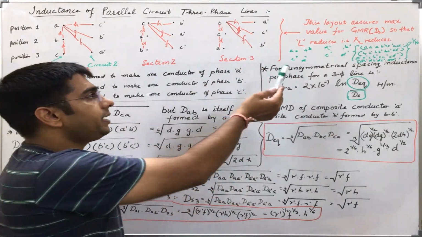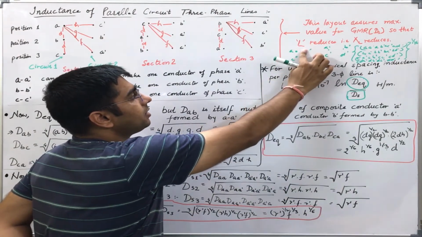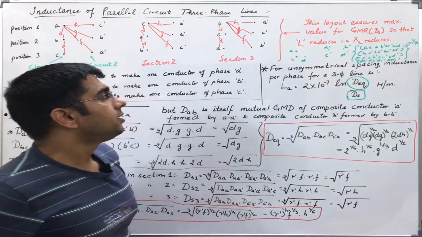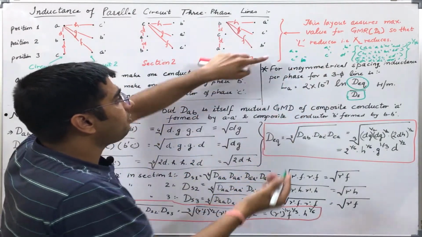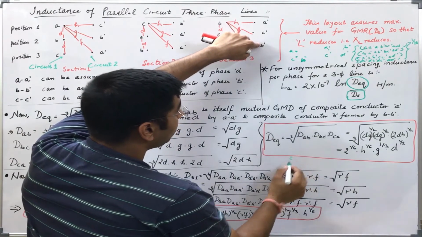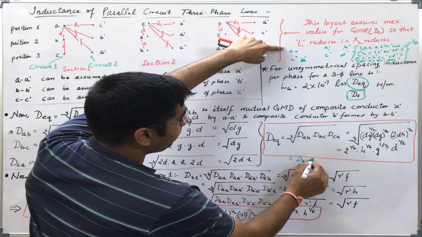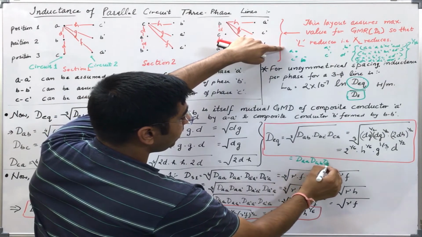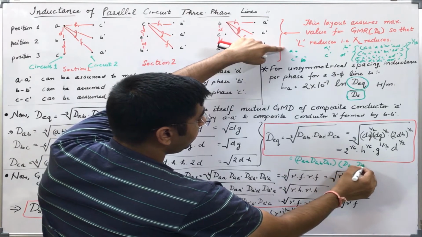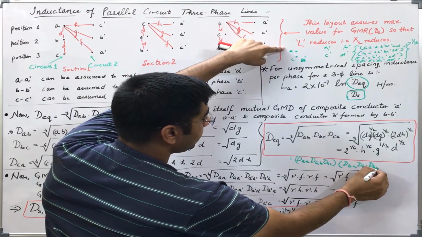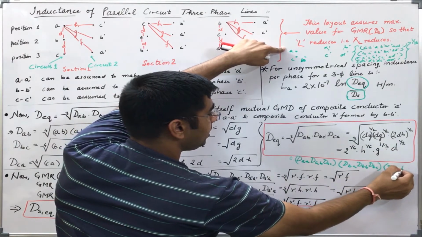I can still repeat it here. If you are given, let us say, this conductor with 3 strands, what is the value of its GMR? It is very simple. I will write all the possible pairs including the self terms: DAA, DAB, DAC, again DBA, DBB, DBC, again DCA, DCB, DCC.